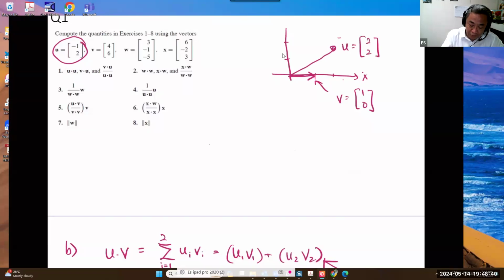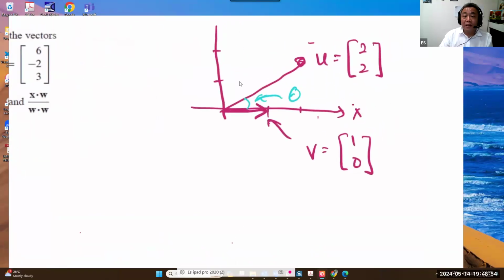Now, let me ask you about angles, theta. Can you guess what is the angle between U and V? 45 degrees, correct. So theta is equal to 45 degrees.